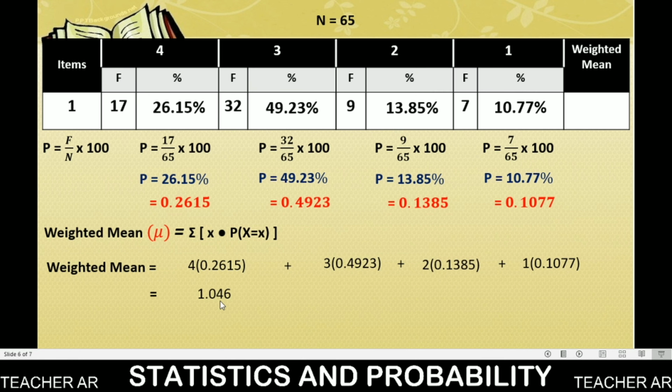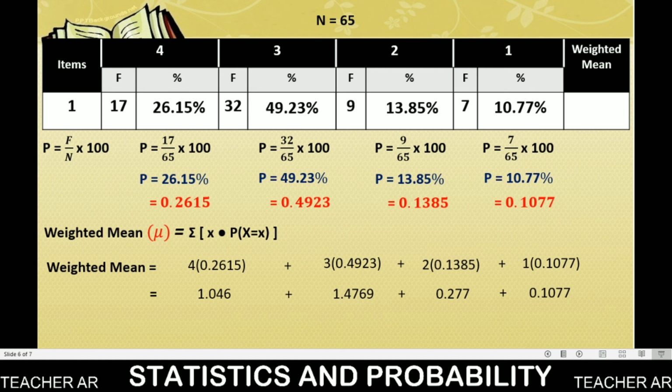So 4 times 0.2615, the result is 1.046, plus 3 times 0.4923, the result is 1.4769, plus 2 times 0.1385, the result is 0.277, and plus 1 times 0.1077, the result is 0.1077.